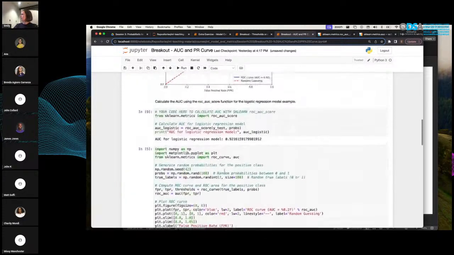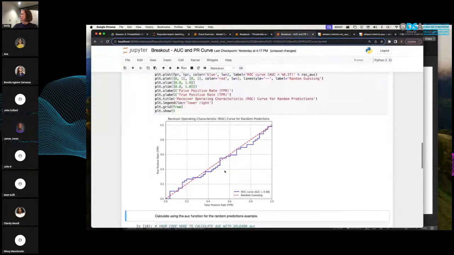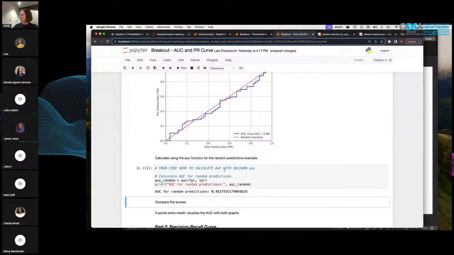Oh, I have to rerun this. I apologize. It's not the proper AUC. I didn't rename my variables as John did, so that's why it overwrote when I reran that. So rerunning that cell to overwrite my false positive rate and true positive rate again, we now get that AUC of 0.48.